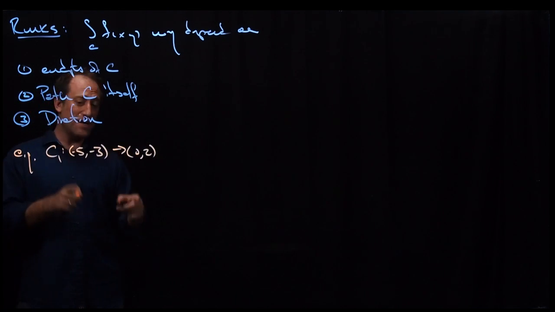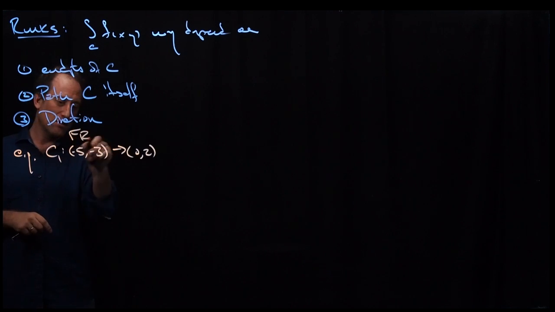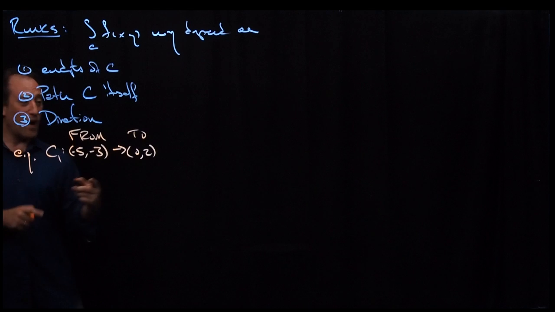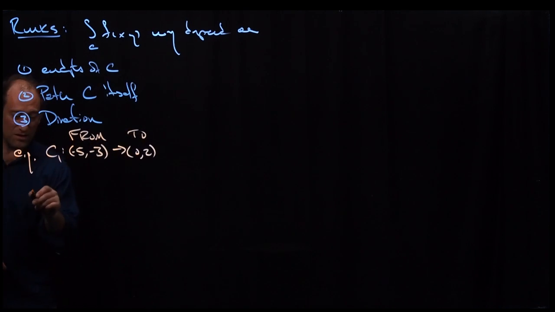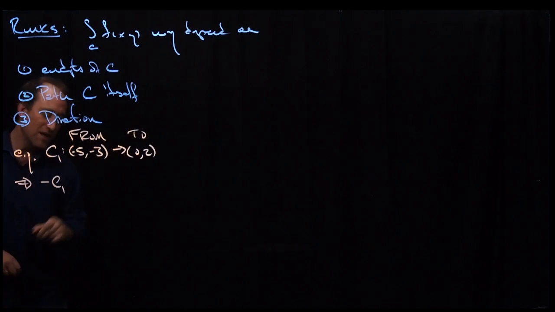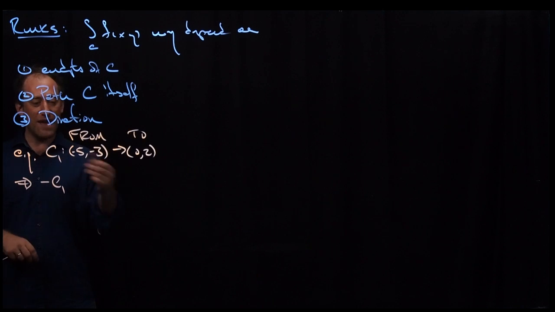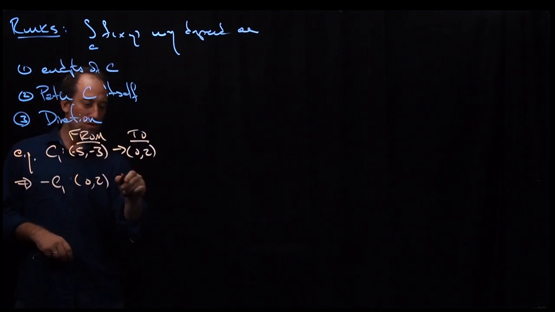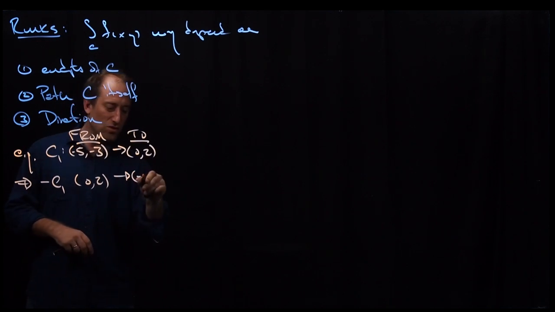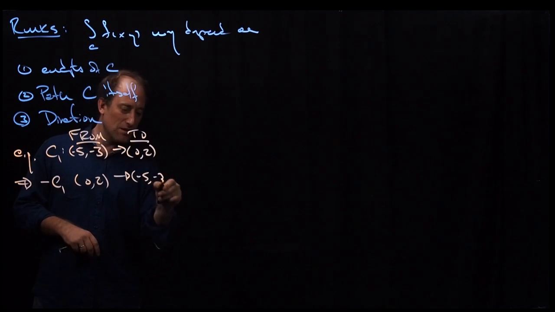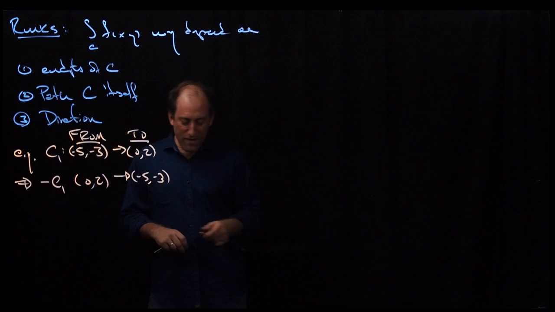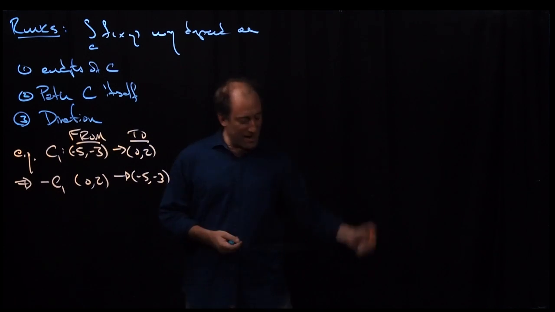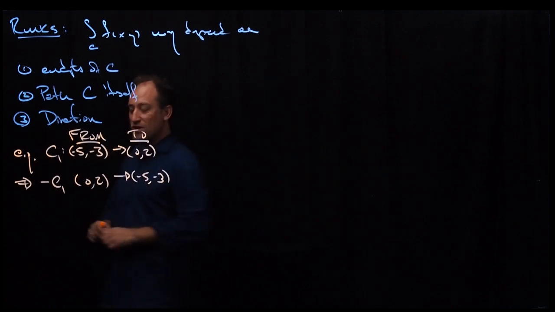Namely, if C1 goes from (-5, -3) to (0, 2), how do I indicate the path backwards? Well, not surprisingly, it's called negative C1. Negative C1 goes from (0, 2) back to the point (-5, -3).